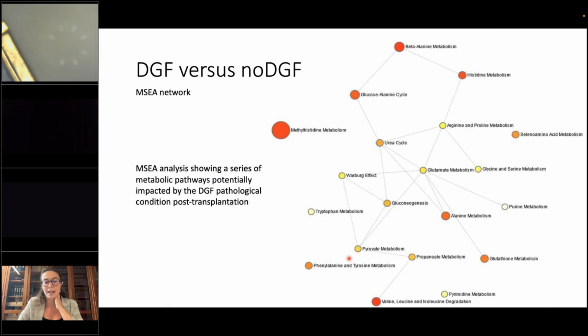The metabolites found to be significant in the univariate analysis were then used to generate a metabolic pathway analysis, highlighting all the metabolic pathways that were impacted by the DGF condition post-transplantation.